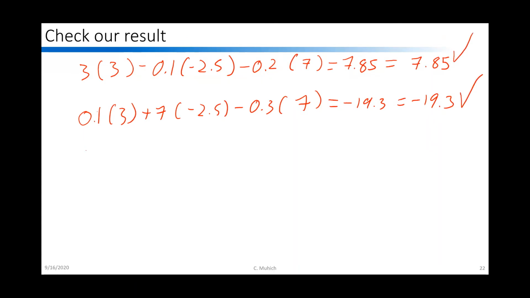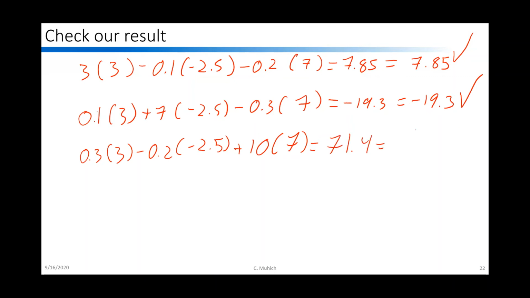And then for the final check, we had 0.3 x1 minus 0.2 times x2 plus 10 times x3. You multiply all of this out, we end up with 71.4, which is exactly what we were looking for, 71.4.